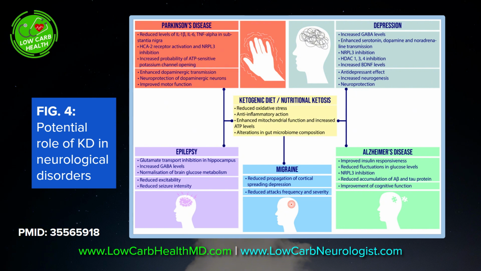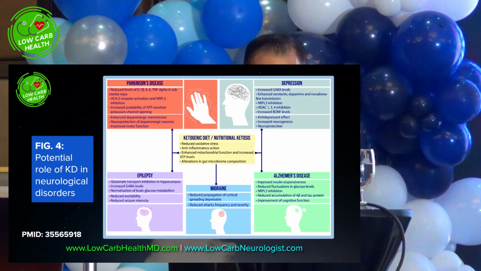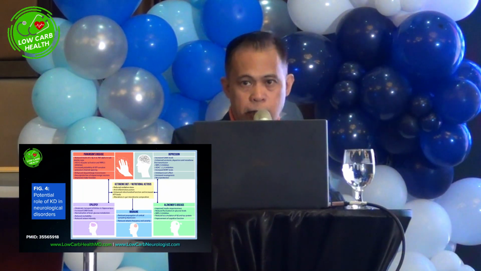Since Parkinson's, epilepsy, Alzheimer's, migraine, and depression have common mechanisms related to mitochondrial dysfunction, that is the precise reason why ketogenic metabolic therapy does wonders for many patients.